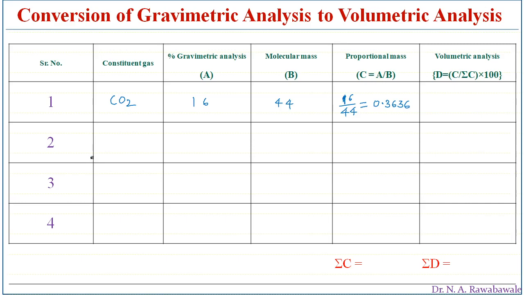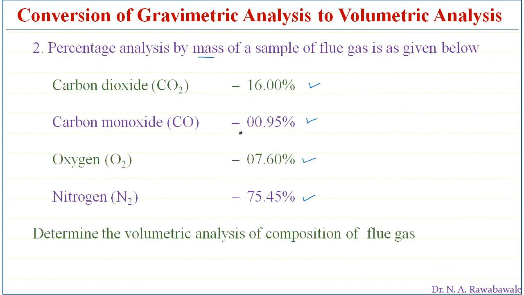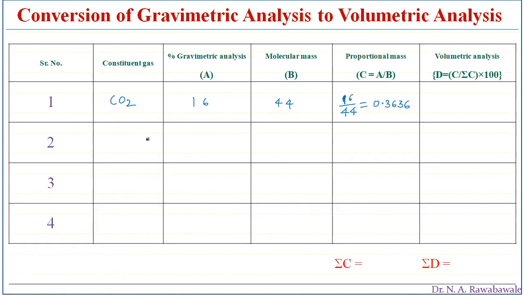Now the second constituent is carbon monoxide, 0.95. So this is the conversion of mass analysis into volumetric, the reverse of the previous case. The molecular mass of carbon monoxide is 28, so 0.95 divided by 28, which works out to be 0.0339.